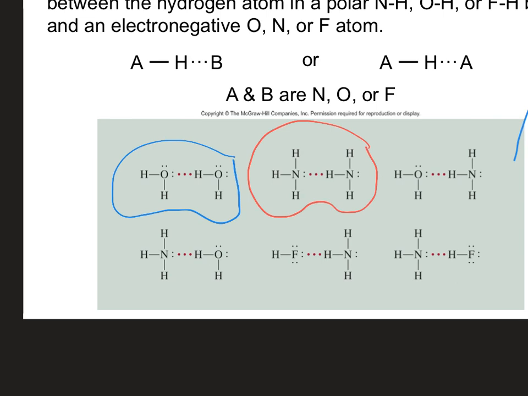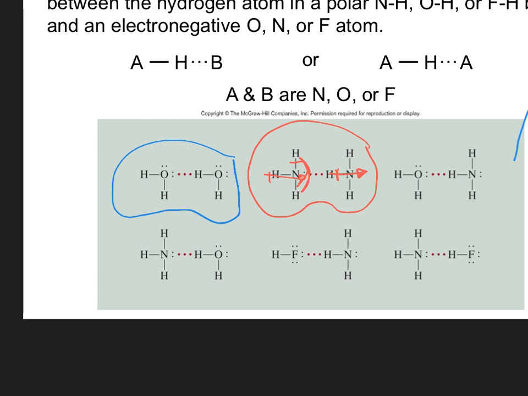Ammonia is NH3. And again, the partially negative side, or the dipole moment, is up in this direction by nitrogen. So the electron-rich area is up here by nitrogen. The electron-deficient is down by hydrogen. So again, you can see that the 2 molecules line themselves up in that same way.